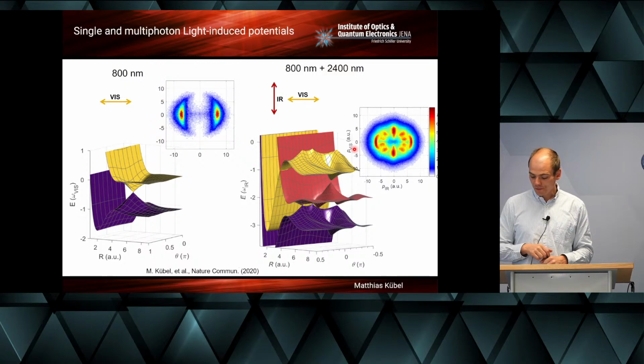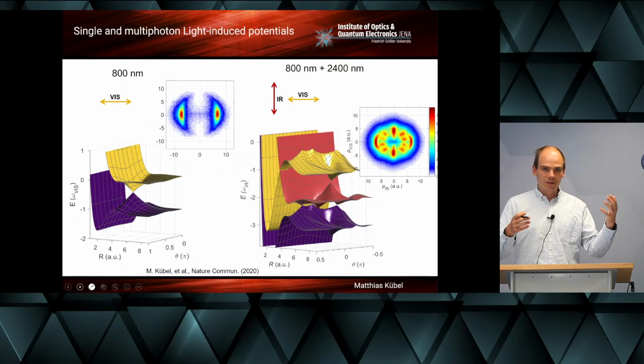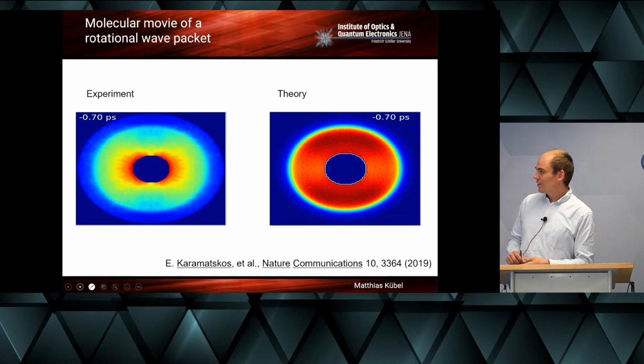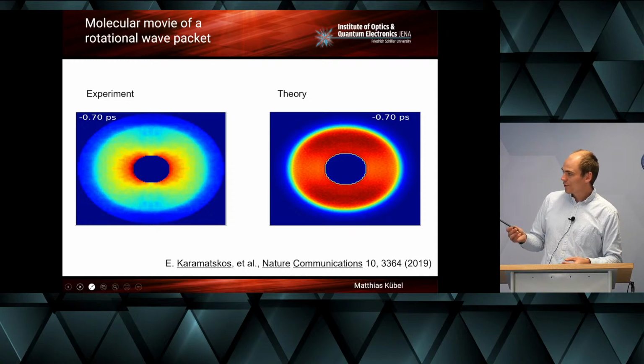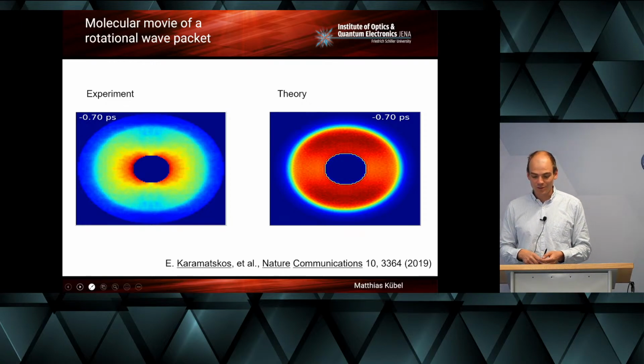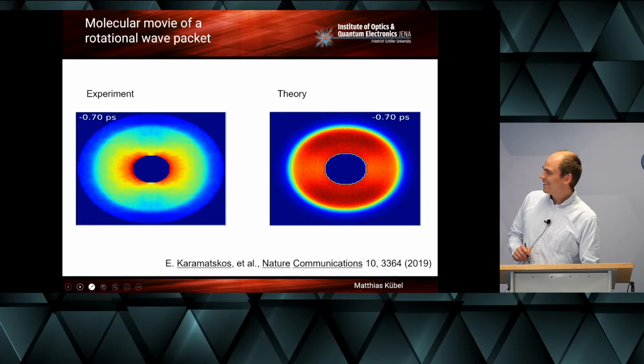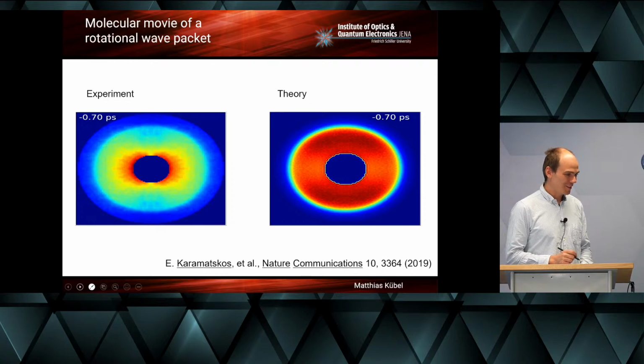And there's a large subfield in strong field physics that attempts to control the rotation of molecules without ionizing them. A couple of years ago, this group from Hamburg, I think they won the competition, if you ask me, because they really showed that you can do this almost perfectly.